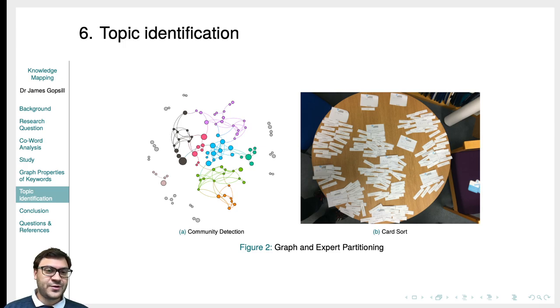What we found was that even though the network clustered very well using the automated algorithmic methods, the actual clusters, if you compared them to the clustering that the experts performed, did not correlate that well. They were actually identifying different types of topic.